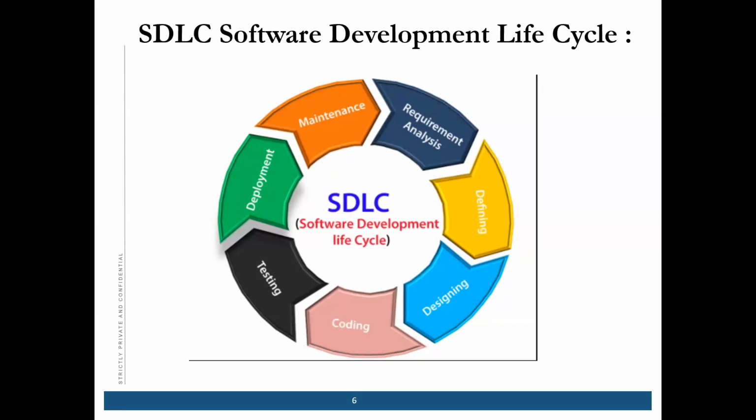Now comes the designing part. Design is the second phase, or you can say the third phase, because here it says defining also: requirement analysis, defining, and then designing. Designing is in two steps: high level design and low level design. High level design, called HLD, gives the architecture of the product to be developed and is done by the architect of the project.